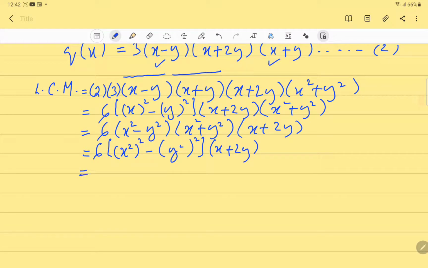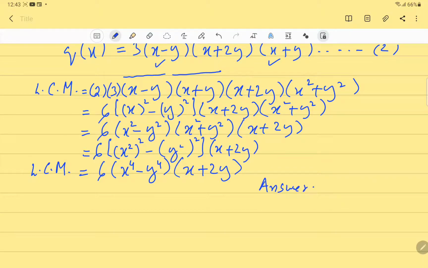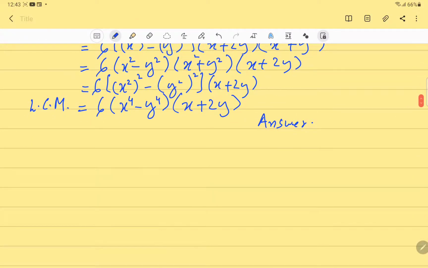So our final answer is 6 into x to the power 4 minus y to the power 4 into x plus 2y, which is the LCM of this question and the answer as well. So we have completed our 3 questions. Now we have the fourth one.